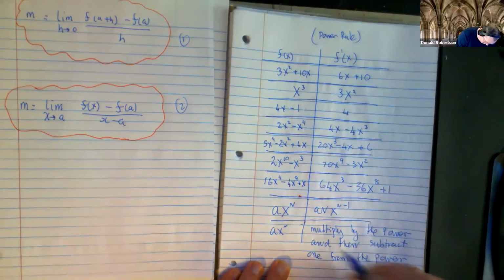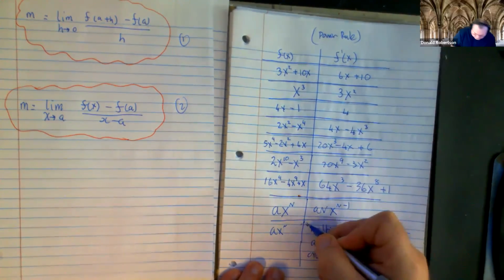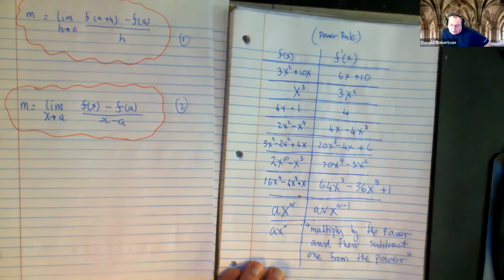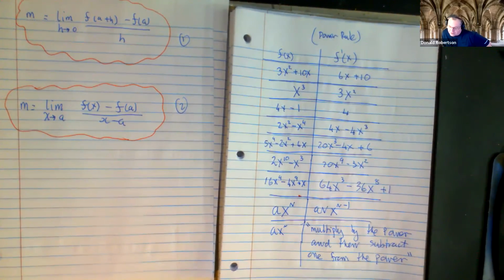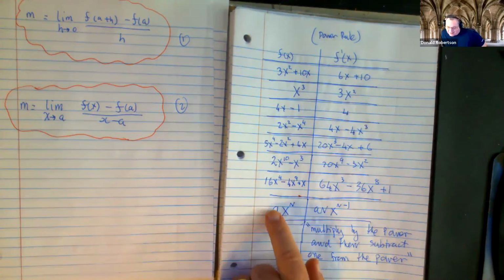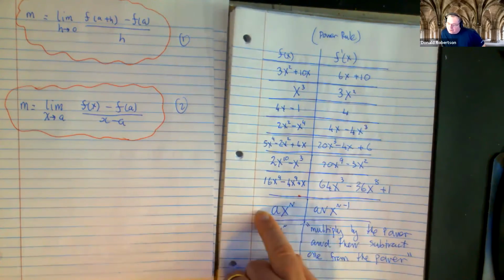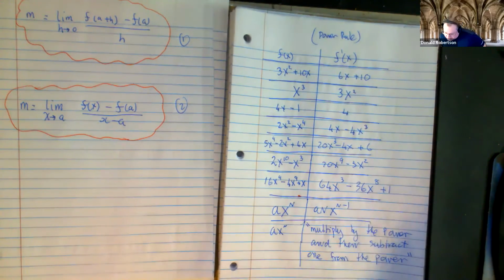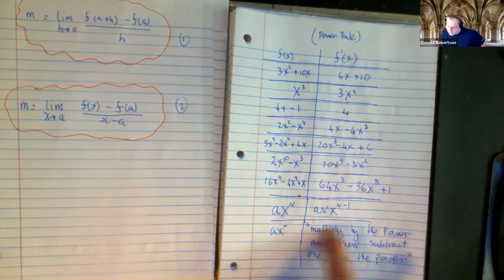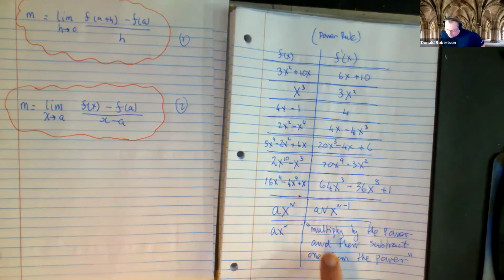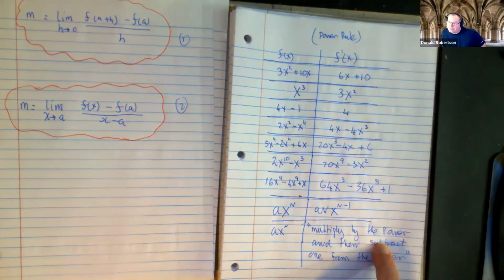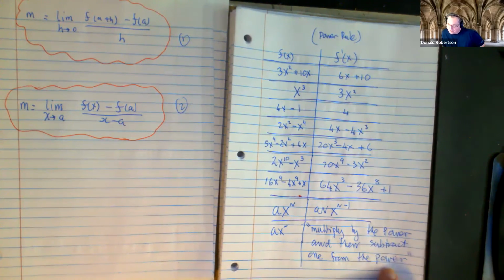And you will hear me say this so many times you'll get fed up hearing it, but it's a good way of getting into your head. That is a formula, but formulas don't stick in people's heads as much as, I feel anyway, sentences can. So the rule is multiply by the power and then subtract 1 from the power. Got that?